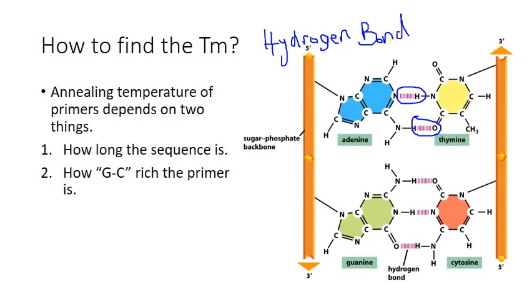How many do you have with CGs? Well, let's look. In CGs, you have 1, 2, 3. So you have basically 33% more hydrogen bonds than you did in ATs, right?